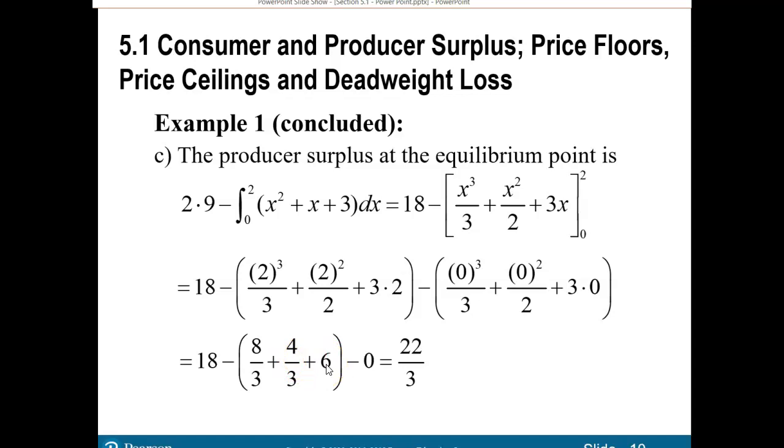So you get 8 plus 8/3, and if you subtract that from 18, I think you still get this 22/3. So there's just a typo in the work. All right, and then 22/3 translates, as a decimal, to $7.33.